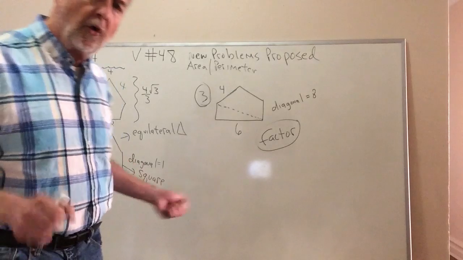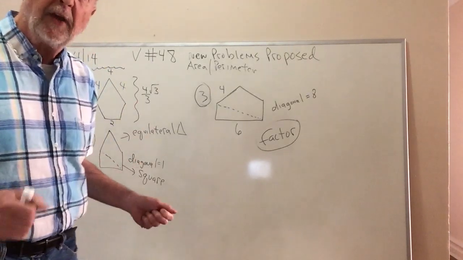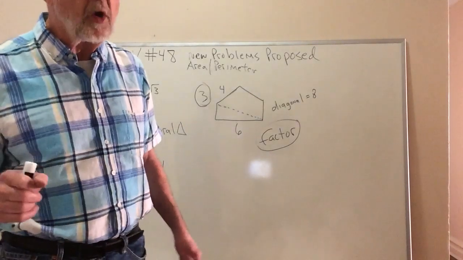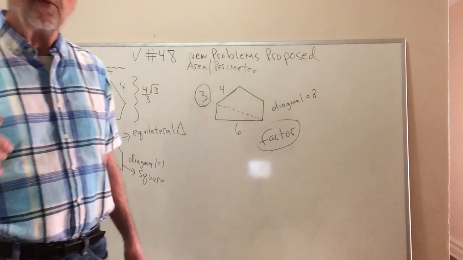Since we already saw that we've hit a roadblock with real simple problems that we can't do if we only know one side. But what happens if we know a side and an angle? That's something we're going to talk about down the road.